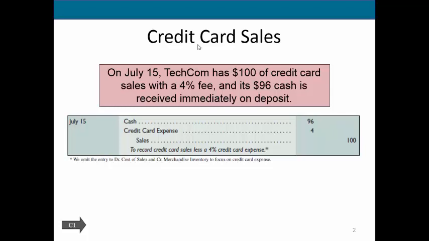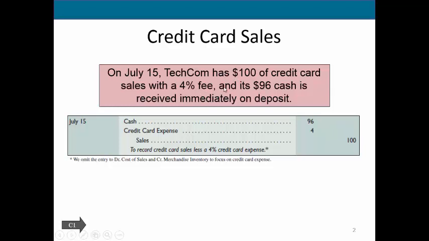So let's look at how this works. We have a company who makes a sale, and that sale is going to be paid for by the customer with a credit card. The sale is a $100 sale, but the fee from the credit card company is 4%.